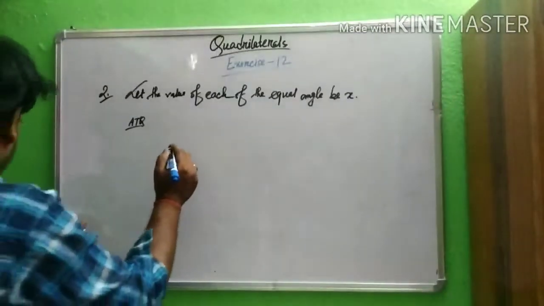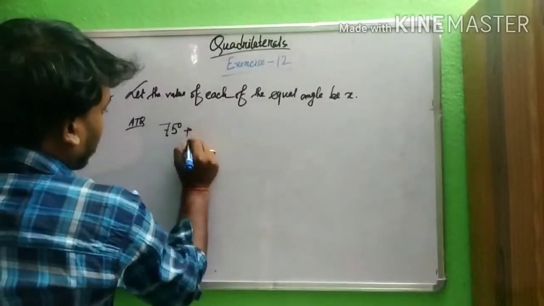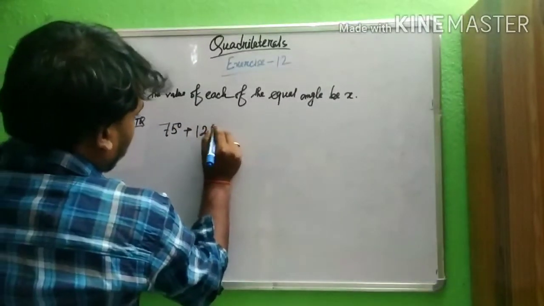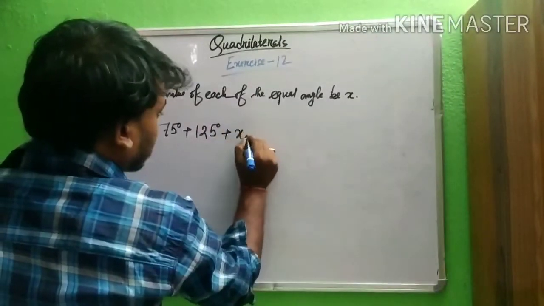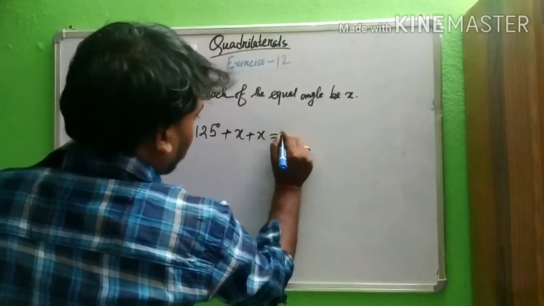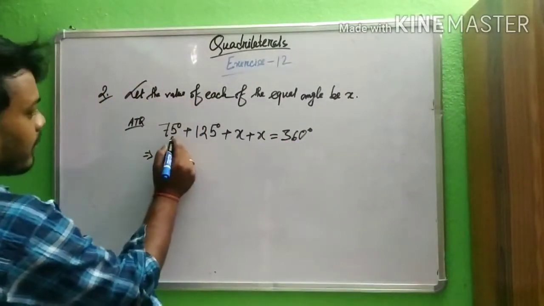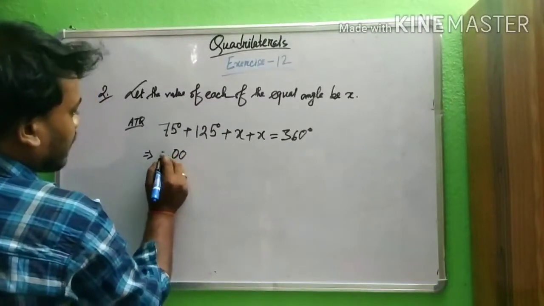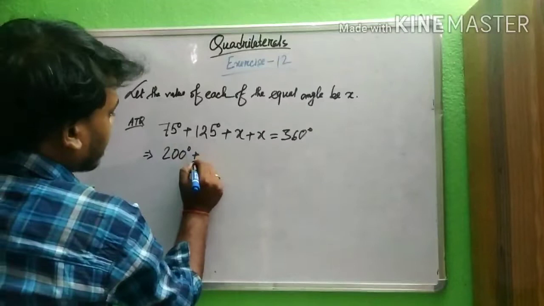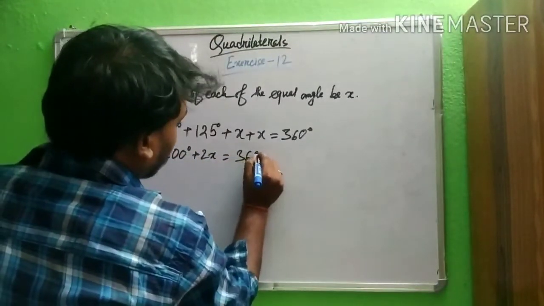So the first angle is 75 degrees, the second angle is 125 degrees, and the other two are x. So the third angle x and the fourth also x, equal to 360 degrees. So it becomes 75 plus 125 is 200, plus x plus x, 2x, equal to 360 degrees.